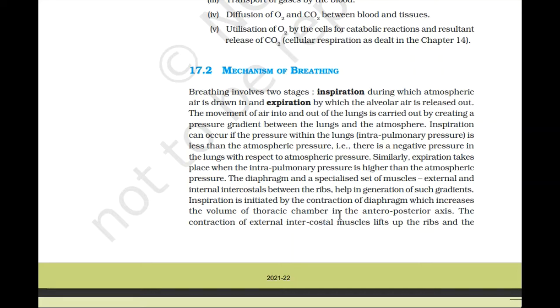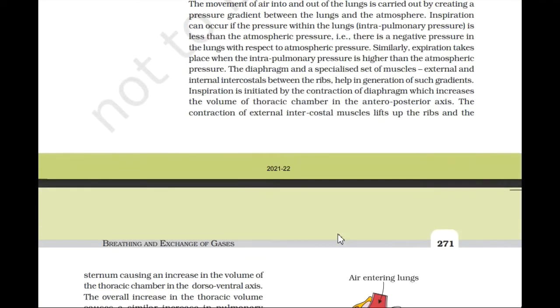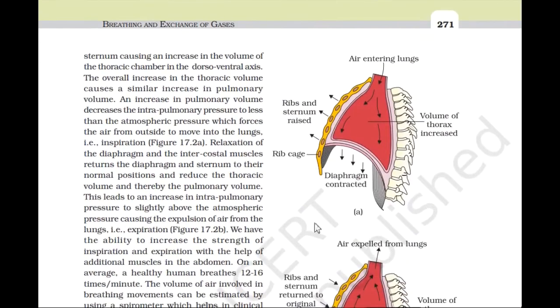Inspiration is initiated by the contraction of the diaphragm, which increases the volume of the thoracic chamber in the anterior-posterior axis. The contraction of external intercostal muscles lifts up the ribs and the sternum, causing an increase in the volume of the thoracic chamber in the dorsoventral axis.